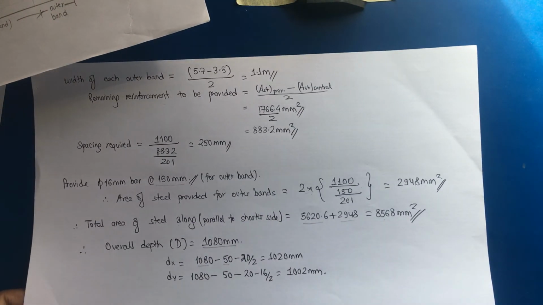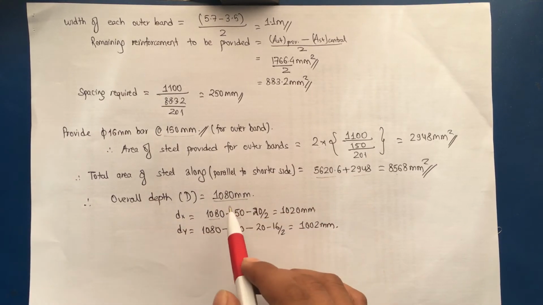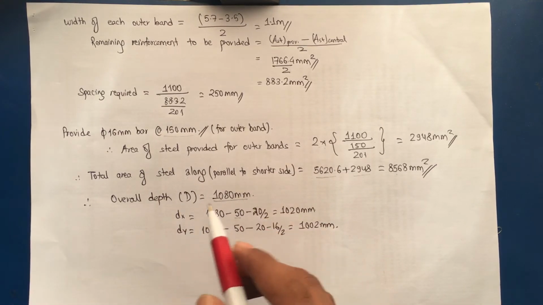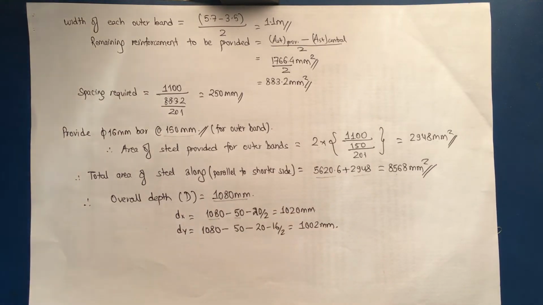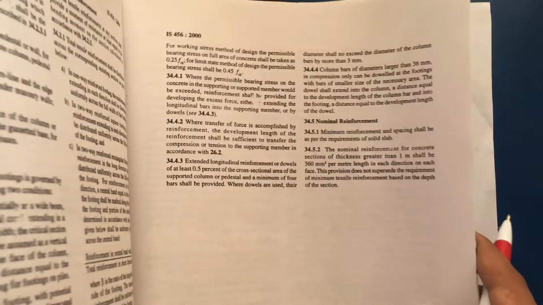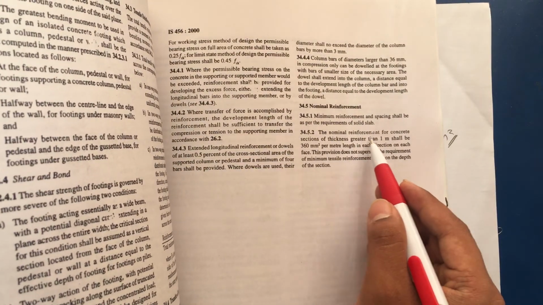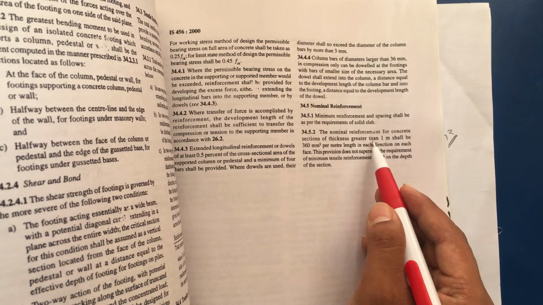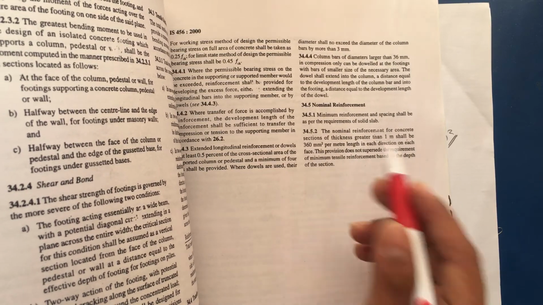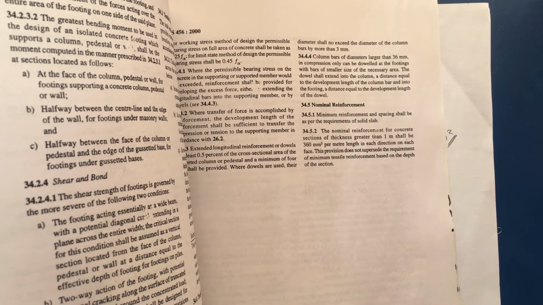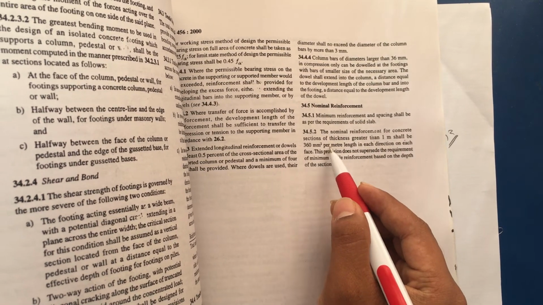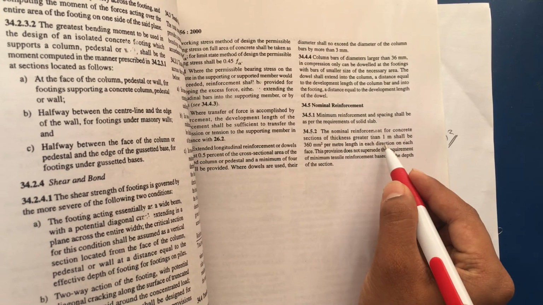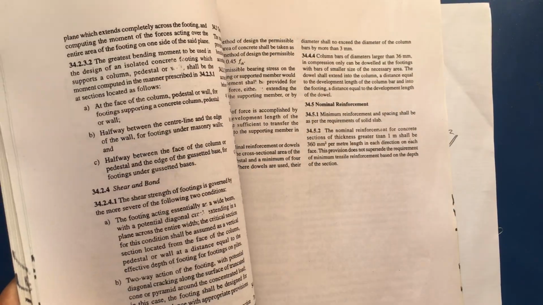Okay, so as you can see here, the overall depth is 1.08 meter, and as per clause 34.5 from IS 456, the nominal reinforcement for a concrete section of thickness greater than 1 meter shall be 360 mm square per meter length in each direction on each face.